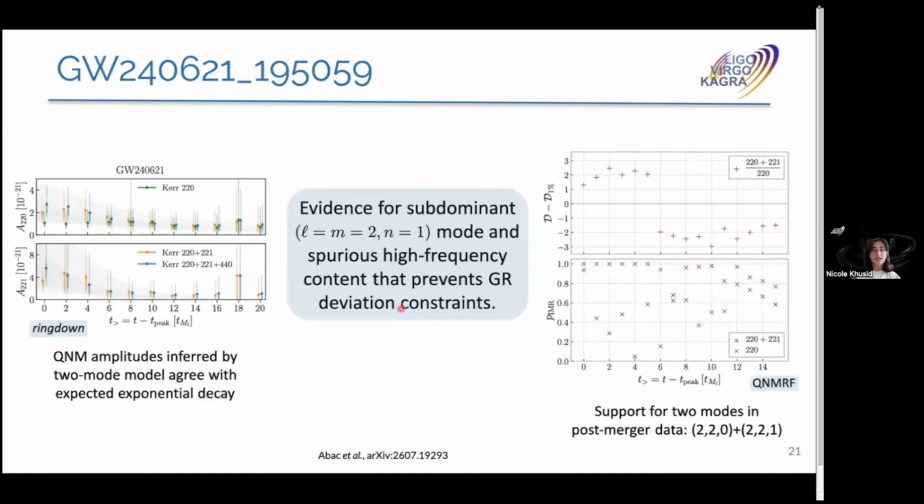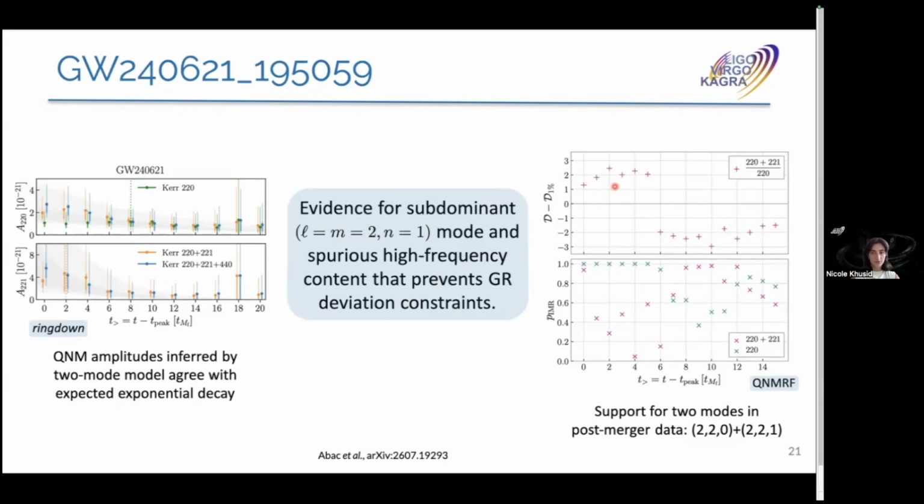Now on the next slide, for a particular one of these events, GW240621, multiple pipelines, namely ringdown and QNMRF, find evidence for additional mode content in the post-merger data, specifically the first overtone of the fundamental, dominant 220 mode. First, on the right-hand side, we see this evidence in the top panel from QNMRF, which shows a greater than 0 detection statistic, which supports the hypothesis of 2 modes present in the post-merger data over 1 mode.